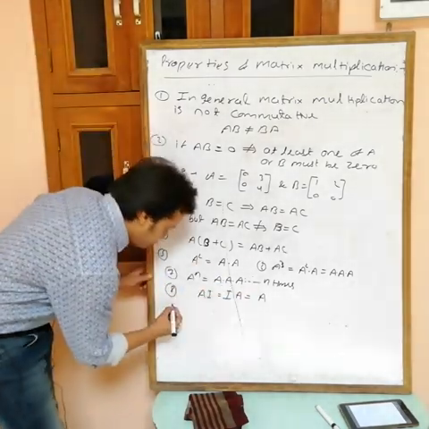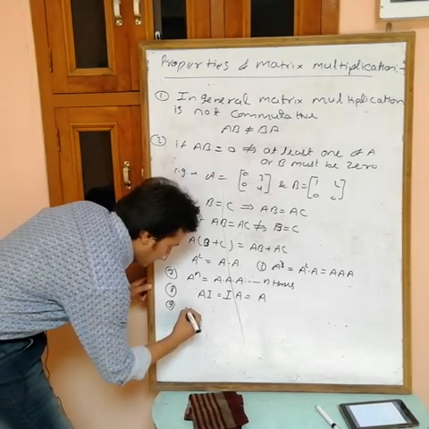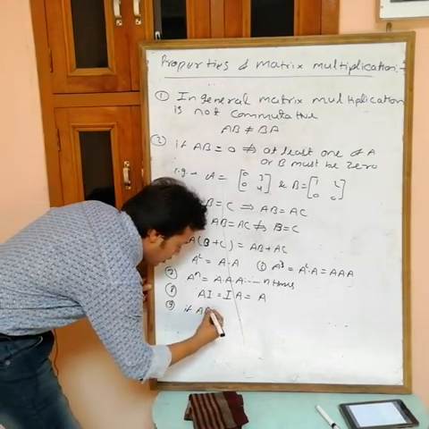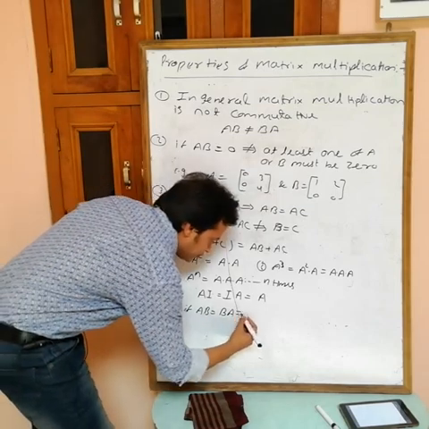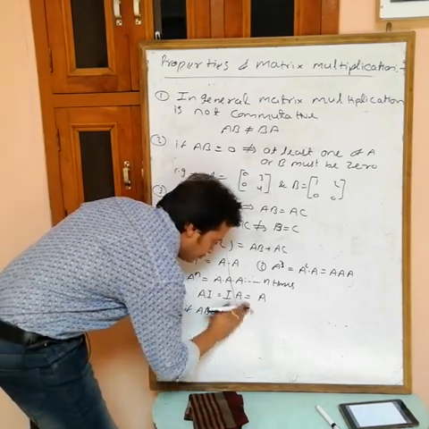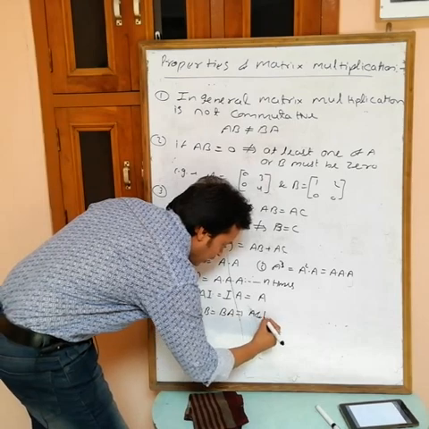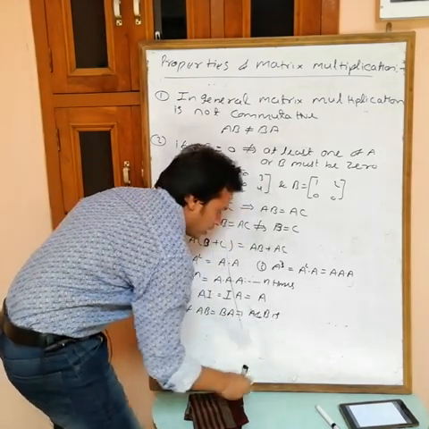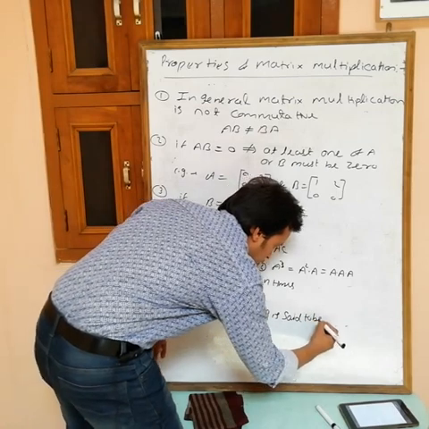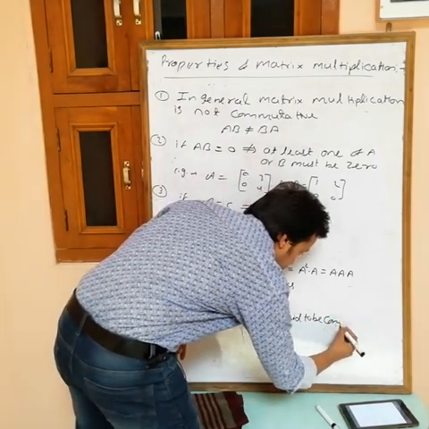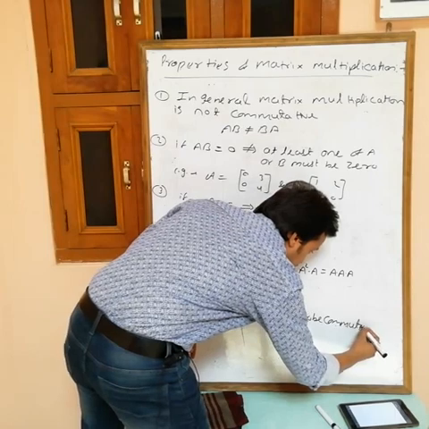And ninth one, if AB is equal to BA, then A and B are said to commute with each other.